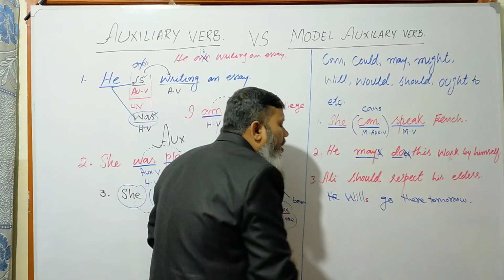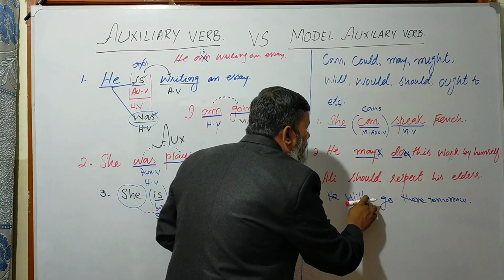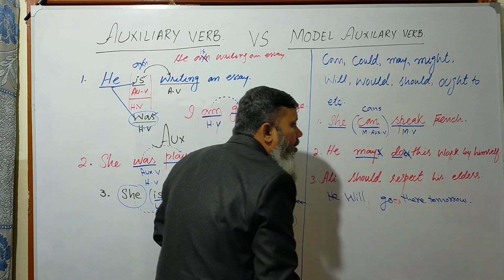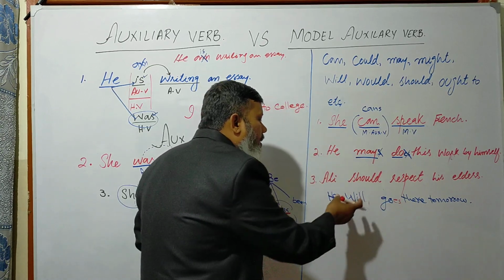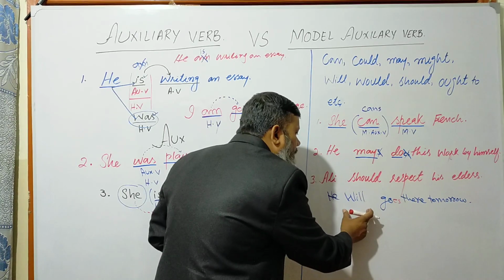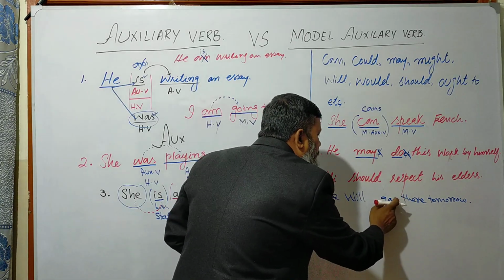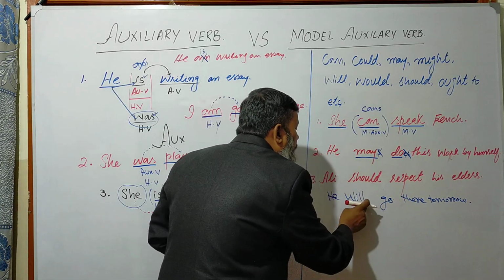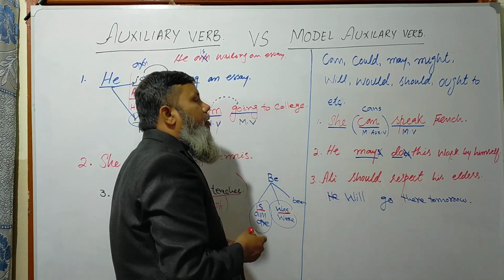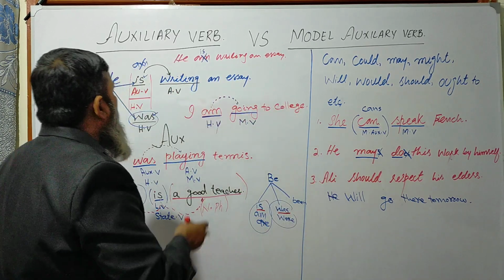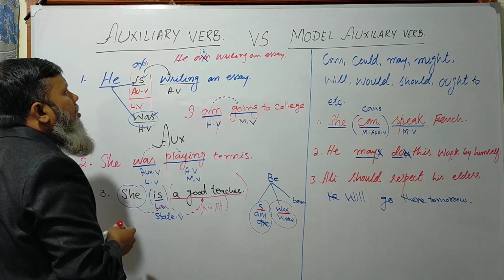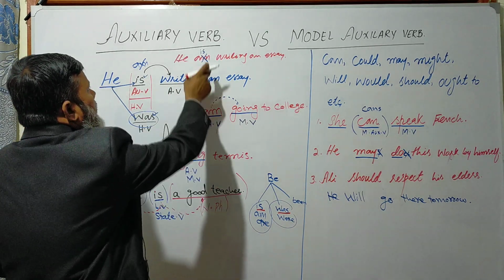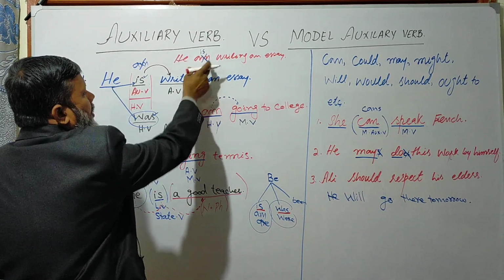Neither can we say "he will goes there." So neither the modal verb nor the main verb takes S form when we use a modal verb. But when we use an auxiliary verb, we can use the S form with it.